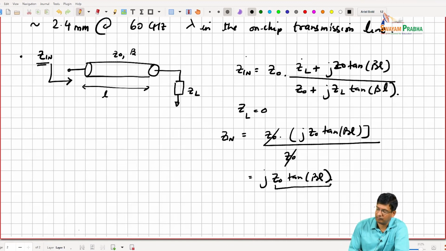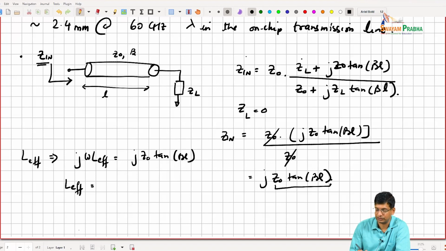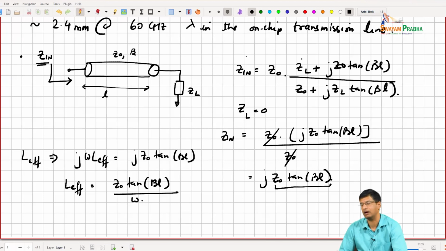If I want a certain L, jωL effective must be equal to jZ0 tan βL. So I can achieve a certain inductance by just using a transmission line of appropriate impedance and length at the frequency that I want.